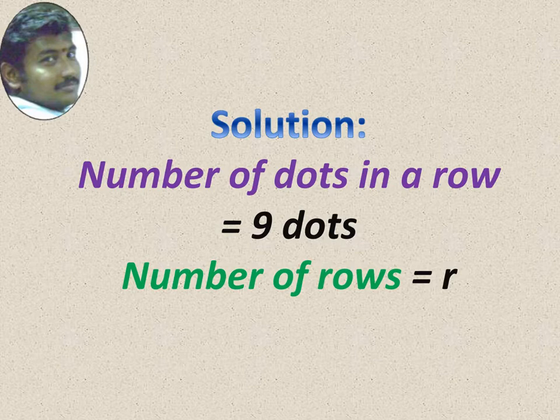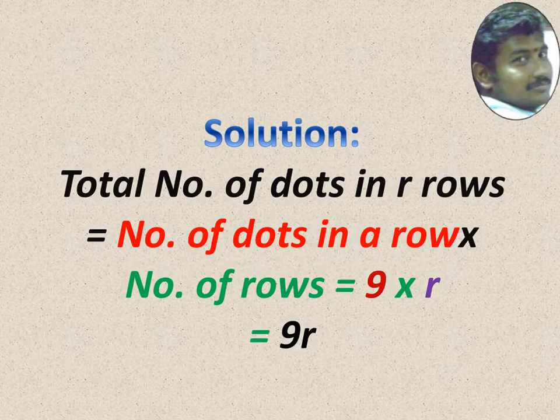Then total number of dots in r rows we need to find for the first question. So total number of dots in r rows is equal to number of dots in a row into number of rows. Number of dots in a row we know is 9. Number of rows we assign r. So the answer is 9r.